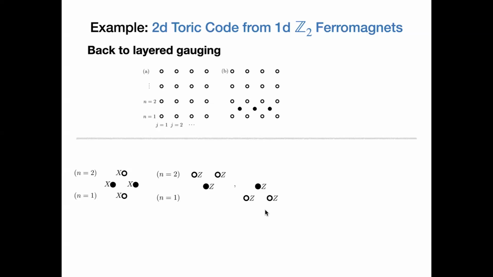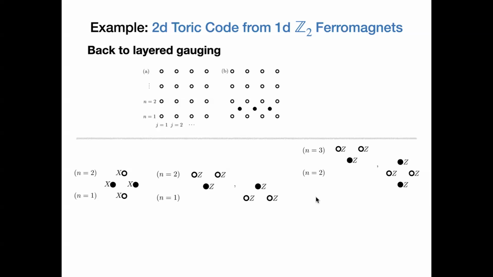So this term is already symmetric with the local Z2 symmetry in the second and third layers, so we don't need to modify this, but this term needs to be further modified. It becomes a term like this. And then we also need to modify the ZZ term acting on the third layer to this form. Is this clear so far?